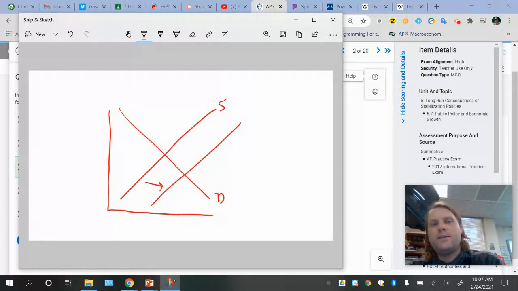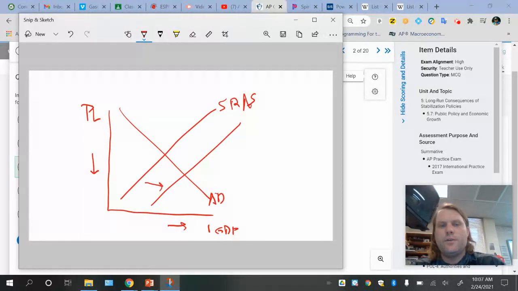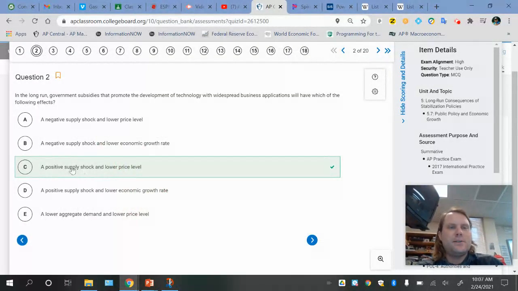We can also tie this into our macro graph here, where we have price level and real GDP, and know that real GDP is going to increase with those subsidies. Okay, so again, the best answer for that, a positive supply shock.